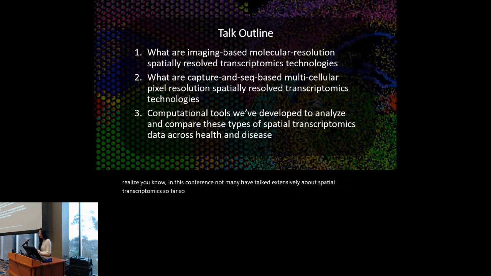So for the rest of my talk, I really want to take this opportunity to teach everyone a little bit about what these different types of spatial transcriptomics technologies are, in particular imaging-based versus capture and sequencing-based technologies, and then ultimately, computationally, how we go about analyzing these different types of data, and what things we should take into consideration or keep in mind.